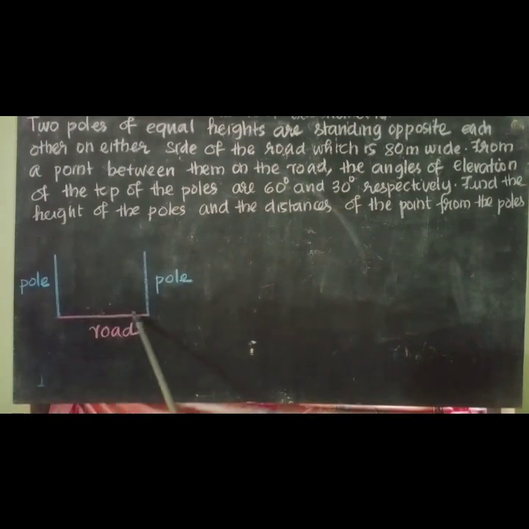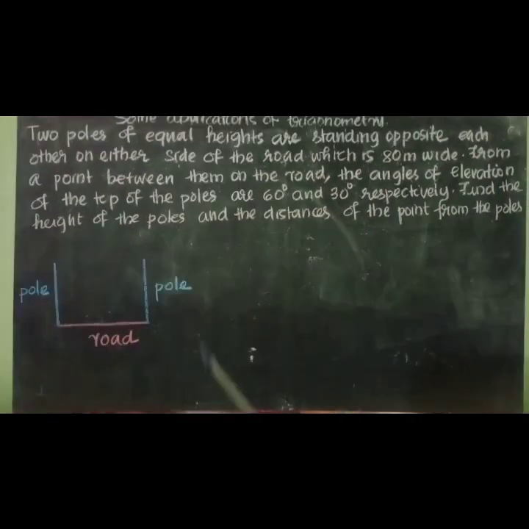So, there is a road with 80 meter width and there are two poles on either side of the road. The poles have equal height. Then it is given from a point between them on the road, the angles of elevation of the top of the poles are 60 degree and 30 degree respectively.